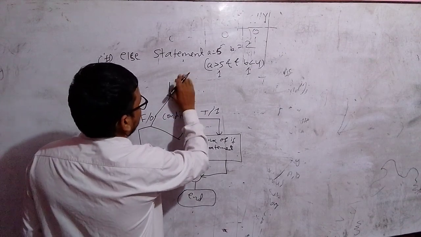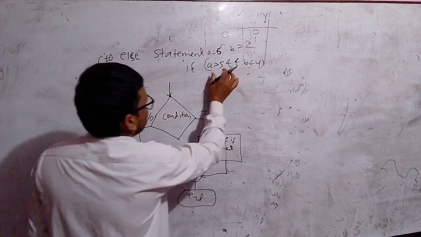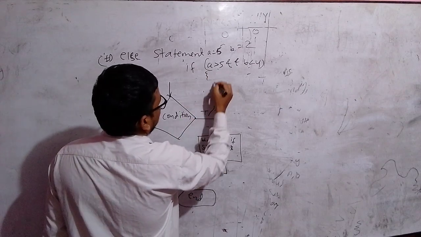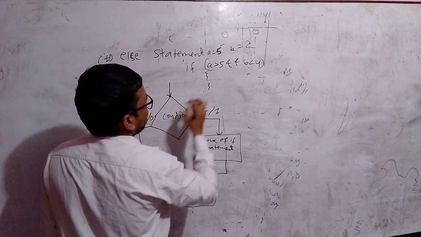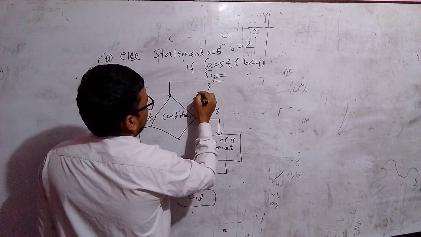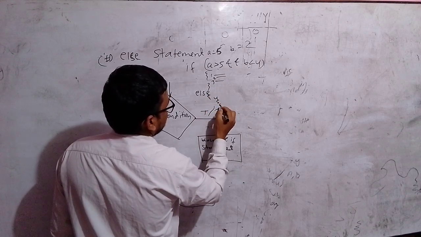First of all, let's take the same case, if these conditions. This is similar to the previous one, and a block of if will be executed. 1, 2, 3. Else 4, 5, 6.